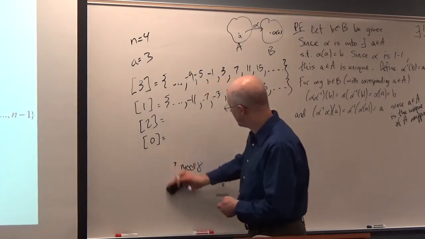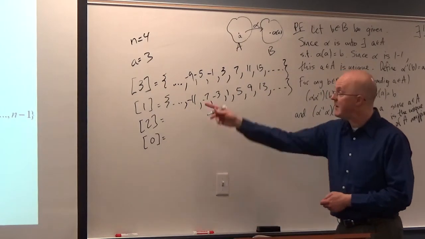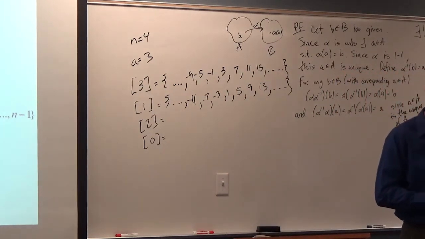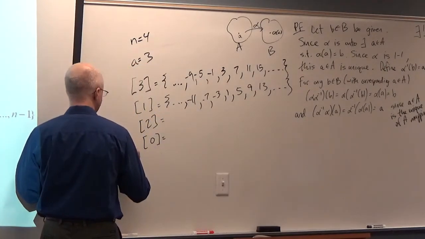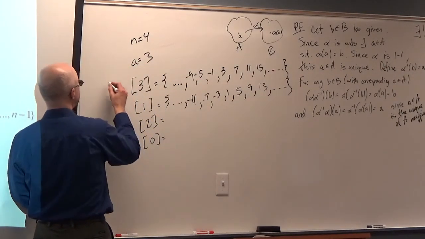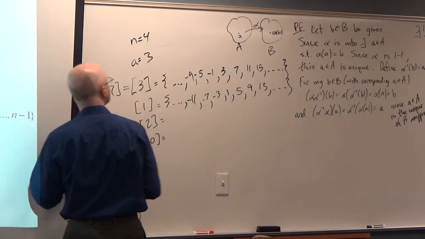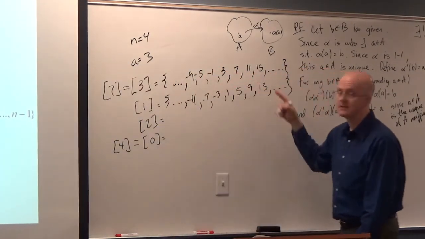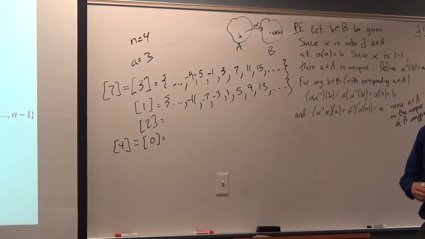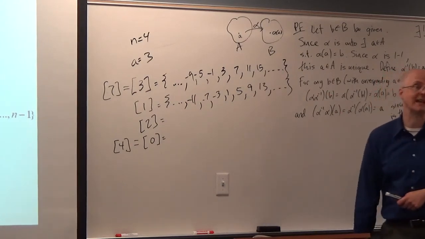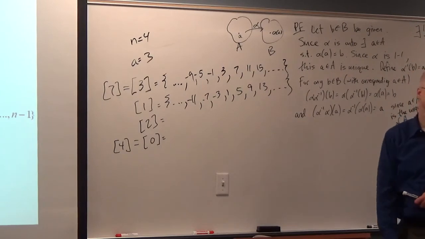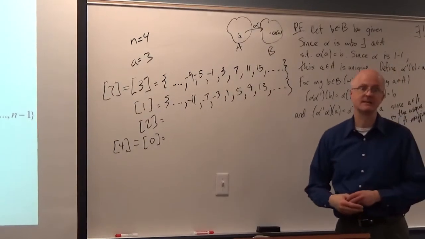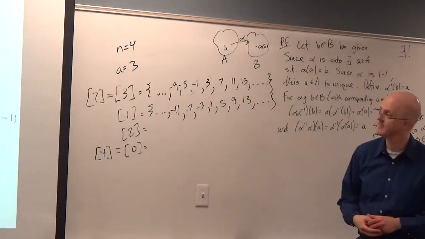And you could also write equivalence classes of other numbers, but they would equal one of these. The equivalence class of 4 would be the same as the equivalence class of 0. The equivalence class of 7 is the same as the equivalence class of 3. 7 is in there too. And overall, then, this partition that is induced by this equivalence relation has 4 subsets in it. Even though Z is infinite, this partition has 4 subsets in it.